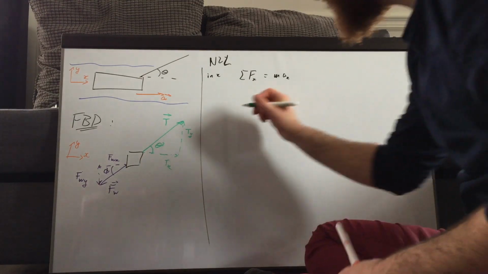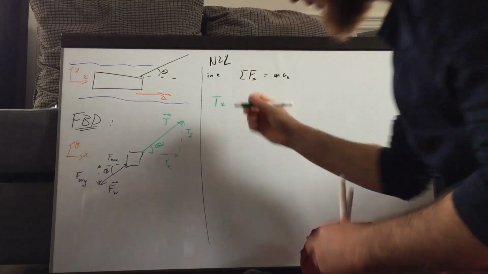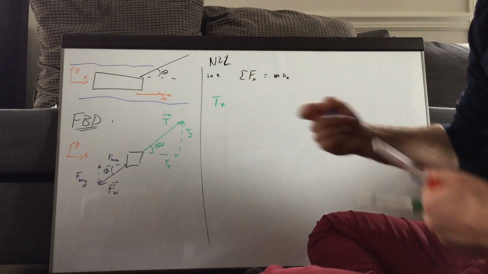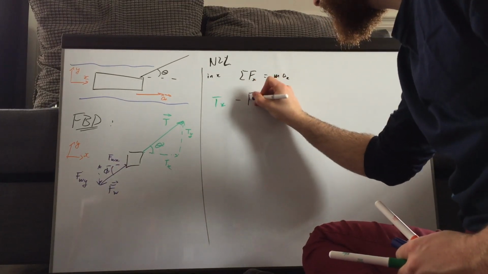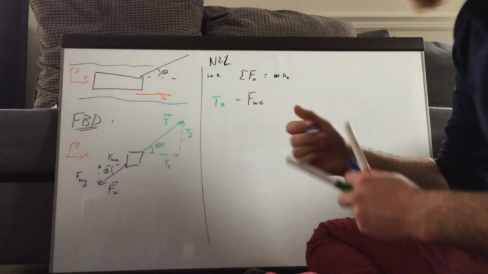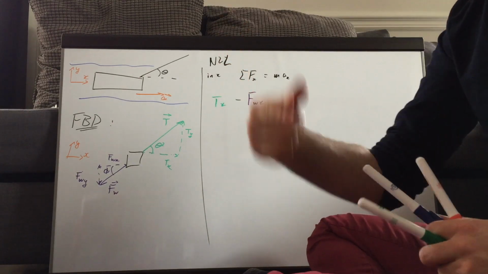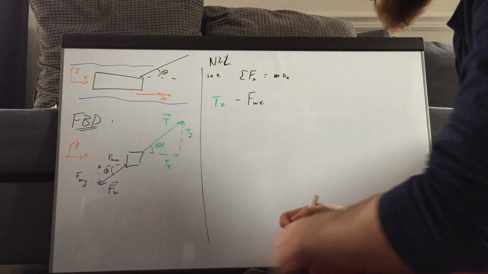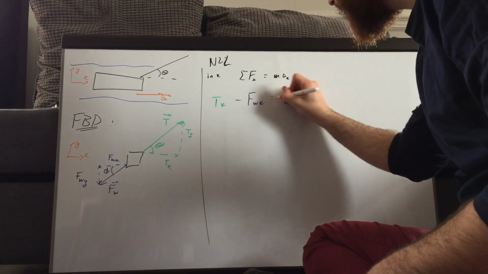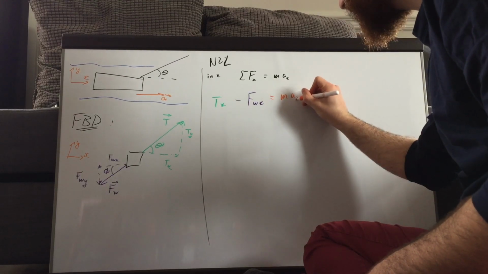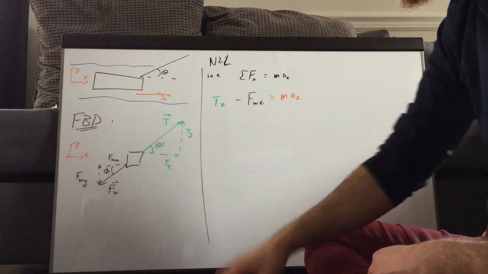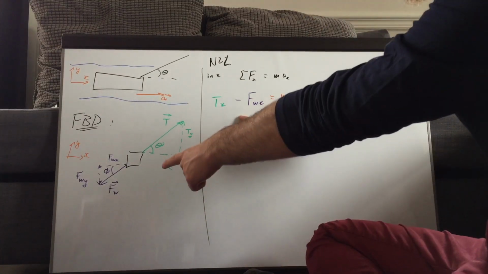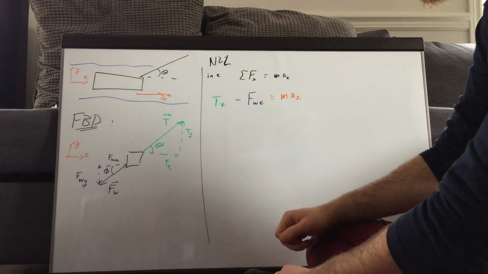positive x-axis, Tx, negative x-axis, Fwx, the force from the water in the x direction, and all of that will be equal to the mass times the acceleration in x. The acceleration is positive, positive sign here, negative component, positive component.